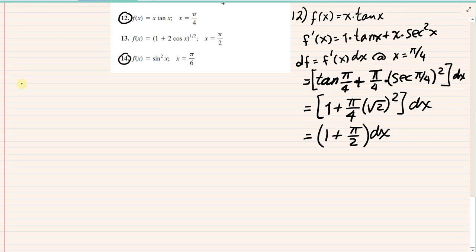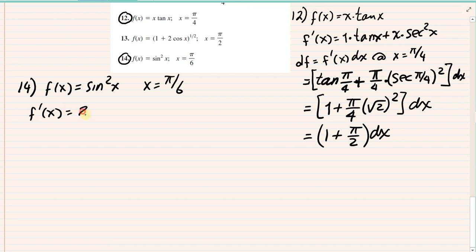Let's do number 14, the last in this segment. This time f of x is sine squared x, and we want it at pi over 6. So f prime of x, first the derivative using the power rule, 2 sine x times, chain rule, derivative of sine is cosine. And then f prime of x evaluated at pi over 6 is going to be 2 times sine.